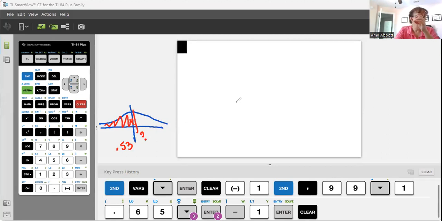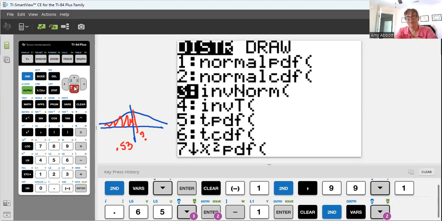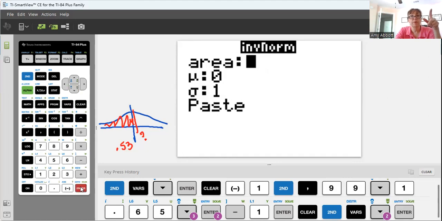So now what you have to do is, again, go back to second VARS, and we're going to go down to choice number 3, inverse norm. The inverse norm gives you the Z-score. The normal CDF gives you the area under the curve. So going backwards to get the Z-score, you do inverse norm. Hit enter.